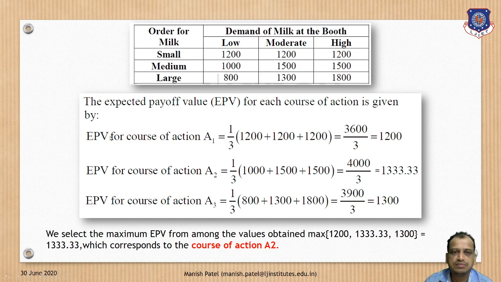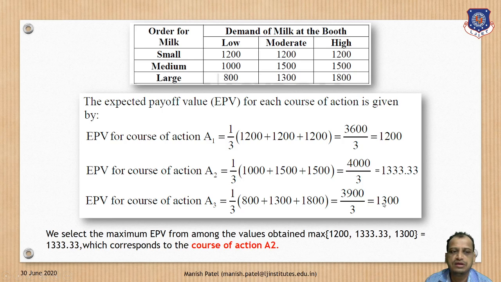The expected payoff value of action A1 is 1/3 of 1200 plus 1200 plus 1200, which is 3600 divided by 3, so 1200. In the same way, for the second one the course of action is 1000 plus 1500 plus 1500, which is 4000 by 3, which is 1333. For action A3, 800 plus 1300 plus 1800 comes out to be 1300.